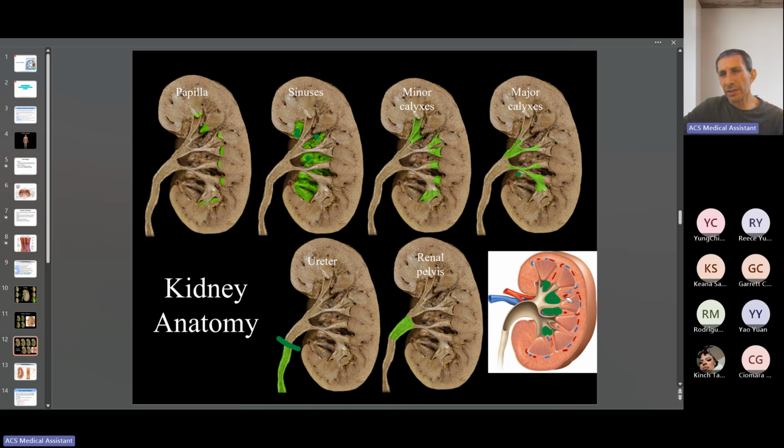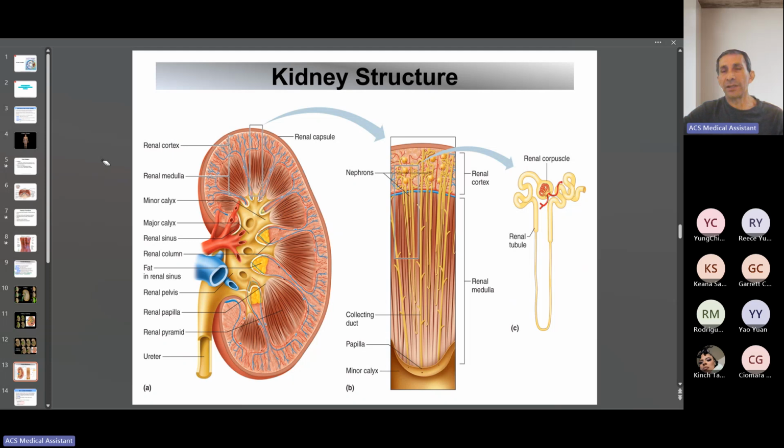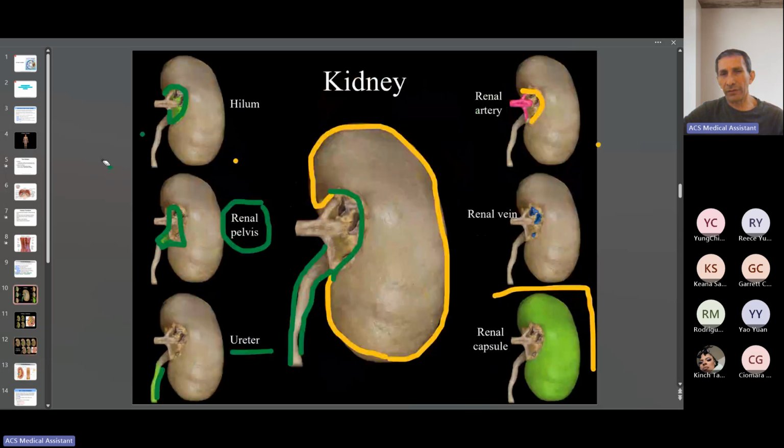But what we're going to see that has lots of complexity is going to be these structures within the pyramids and the cortex, or the medulla and the cortex. That's going to make it a little more complicated. These are the microscopic structures. That's going to be a little different.